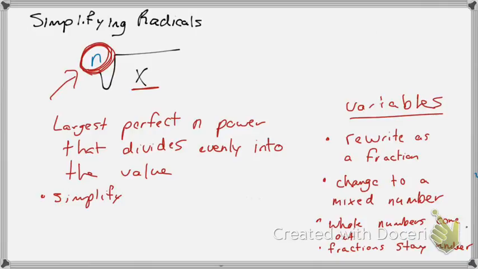We change that fraction to a mixed number if it can be, like 1.5 or whatever it may be. The whole numbers are nice because those have been simplified out for us already. The fractions return to being an exponent, or a radical, at the end.